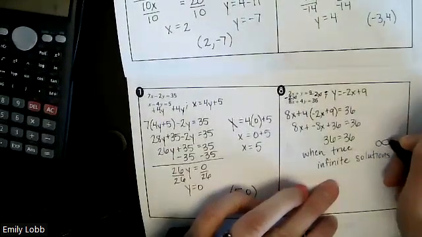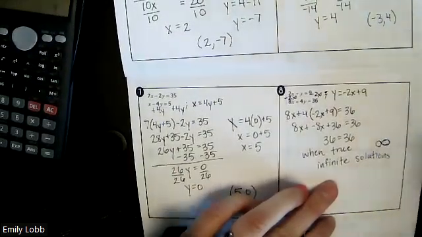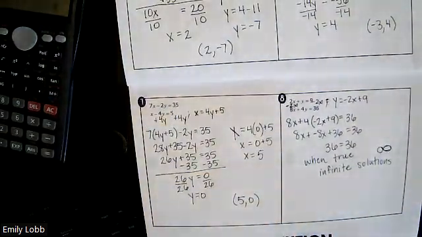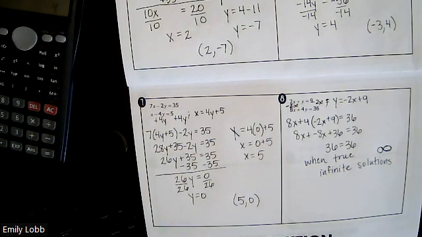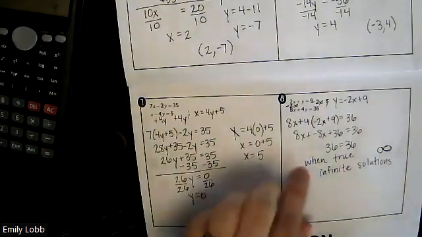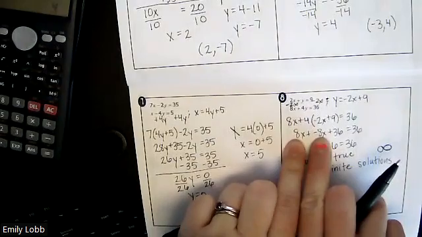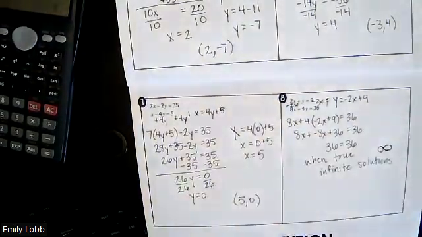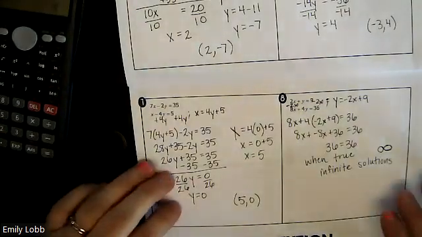If we got a statement, remember, that was not true, we would say no solution. You see how when we were simplifying, it got rid of our variable and we were left with number equals number?